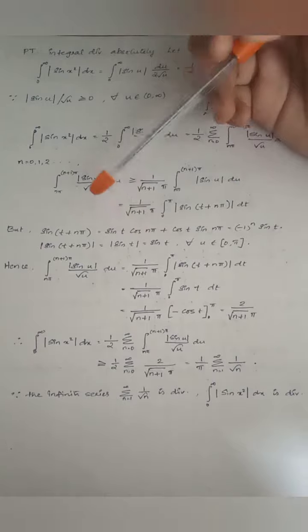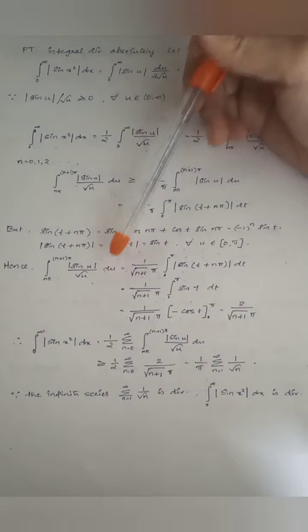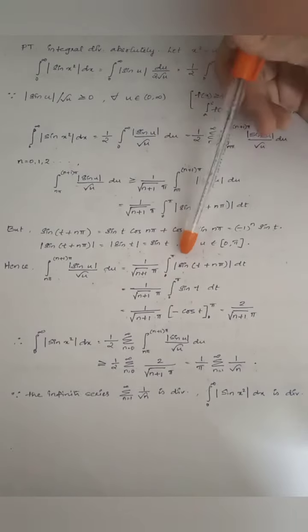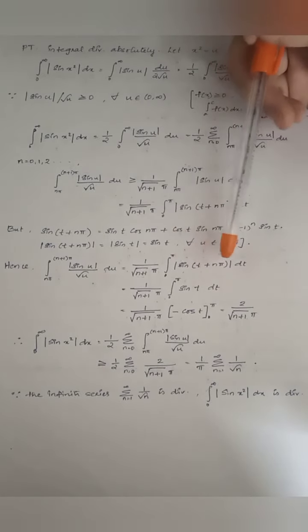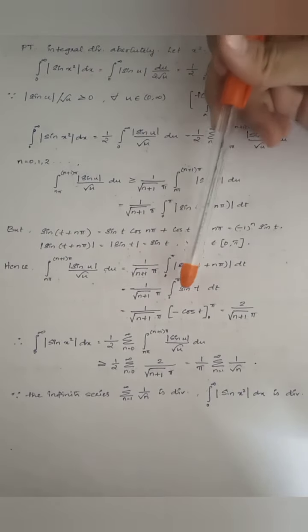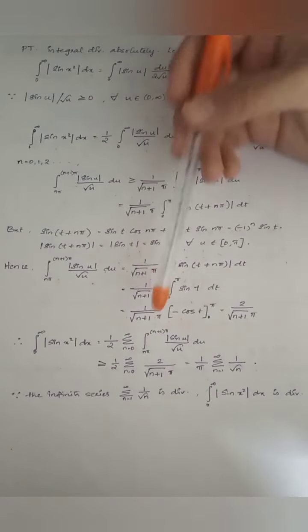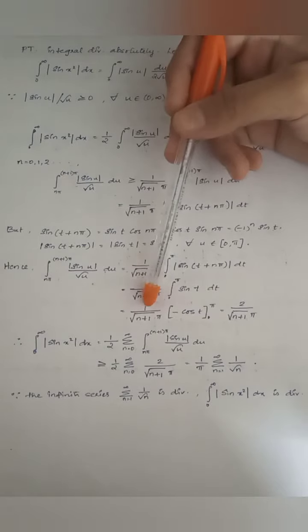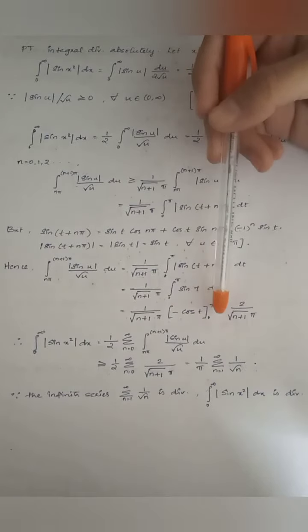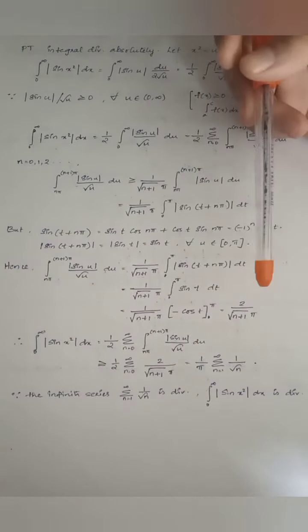Hence we get the integral from nπ to (n+1)π of |sin u|/√u du equal to 1/(√(n+1)π) times the integral from 0 to π of |sin(t + nπ)| dt, which is 1/(√(n+1)π) times the integral from 0 to π of sin t dt. Then it is equal to 1/(√(n+1)π) times [−cos t] from 0 to π, which is 2/(√(n+1)π).